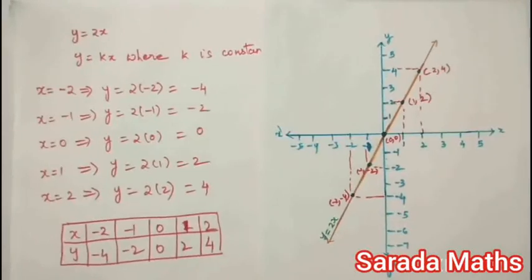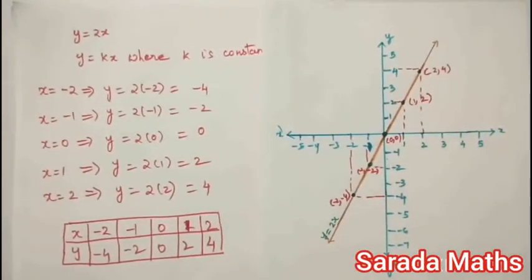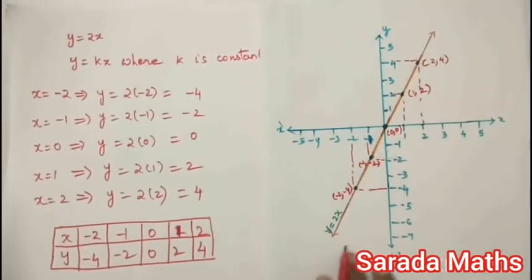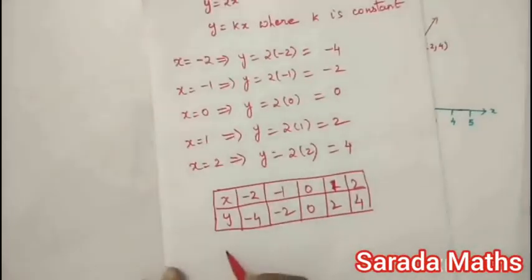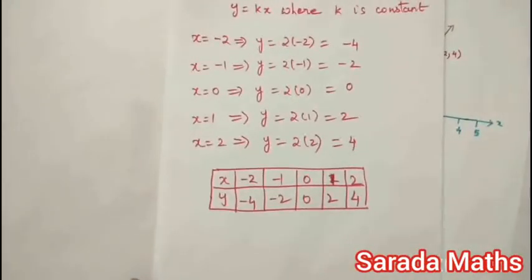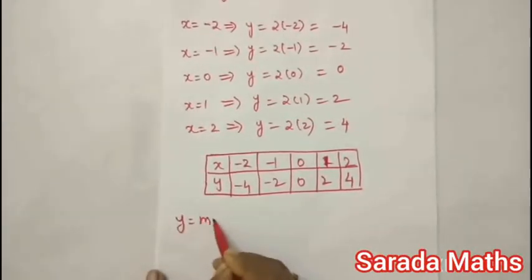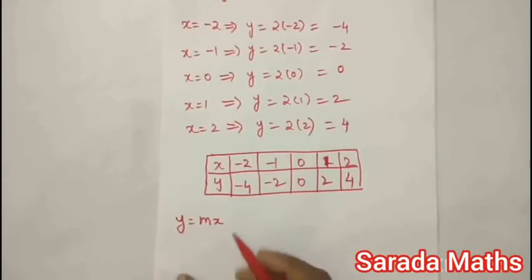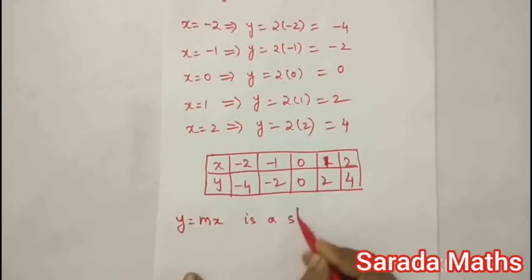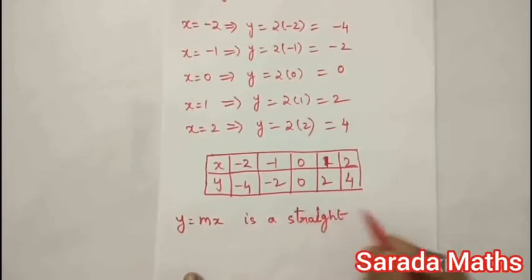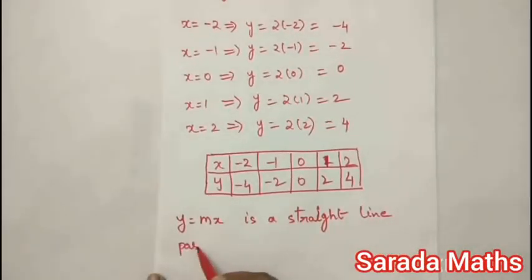So any equation of the form y is equal to m into x, or k into x, where m is a constant, is a straight line passing through the origin.